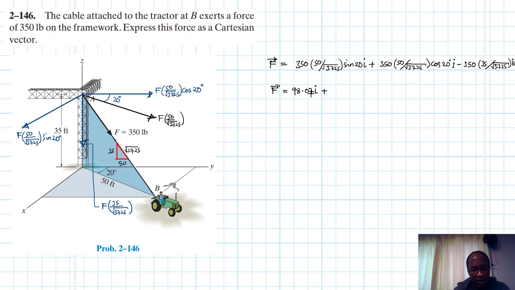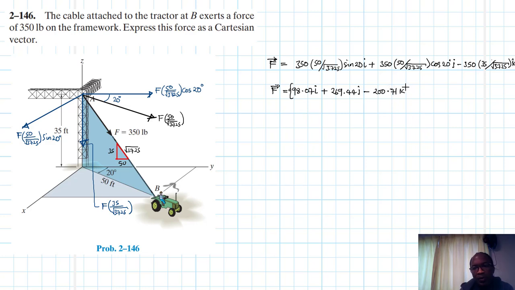Then 350 times 50 divided by root of 3725 times cos 20 gives us 269.44j, and minus 350 times 35 divided by root of 3725. This gives me 200.71k.